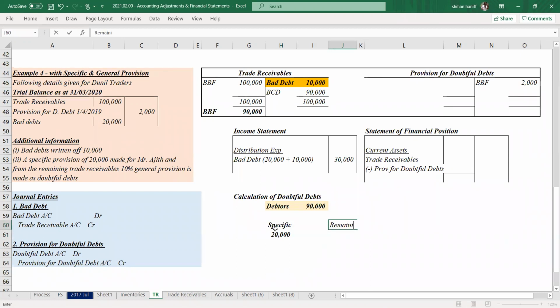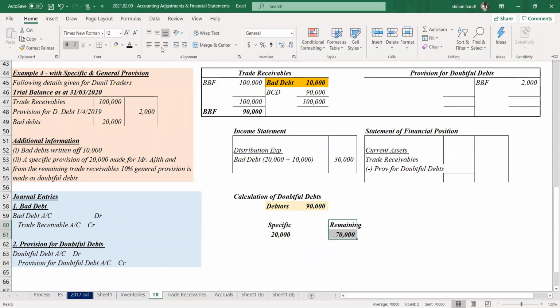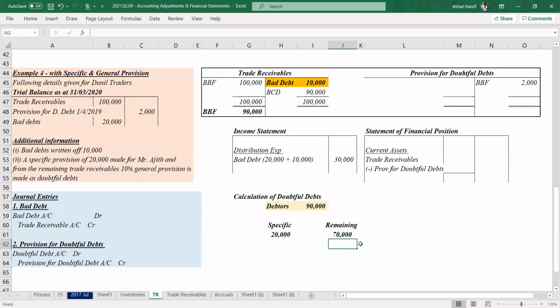And the remaining 70,000, from the remaining, we need to make 10%. So doubtful debt, from the specific provision, we make 100% as doubtful debt.